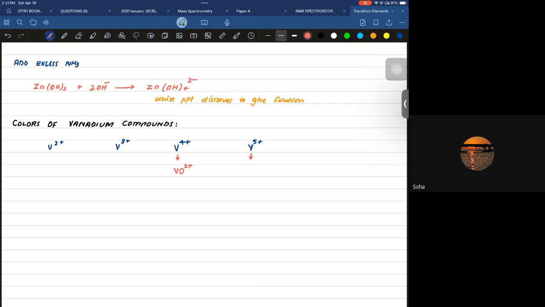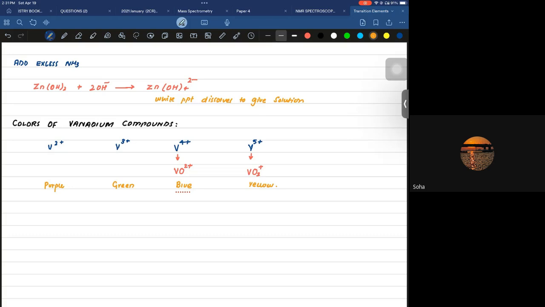The color of V2 plus is purple, V3 plus is green, V4 plus is blue, and V5 plus is yellow.